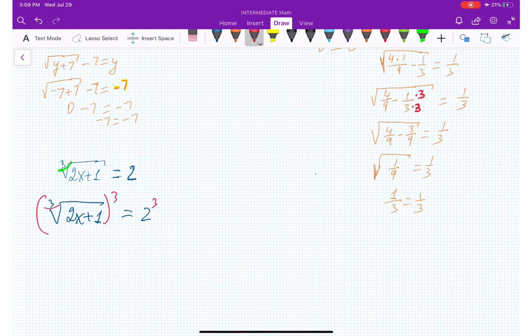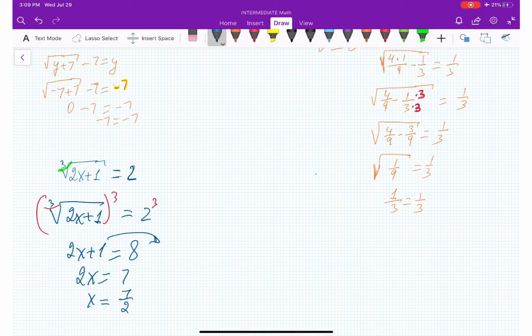And 2 to power 3. And the answer we get, clean 2x plus 1 comes out. And I'm getting 8. Very good. So 2x is equal, moving 1 here, it's going to be 7. And x is equal 7 over 2.